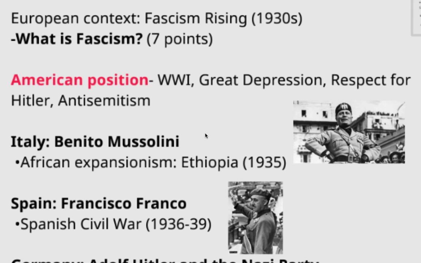Obviously, you know that Hitler didn't like German Jews. He didn't want them in his country. He wanted them out. He blamed them for everything. All kinds of conspiracy theories and just rubbish about the Jews.